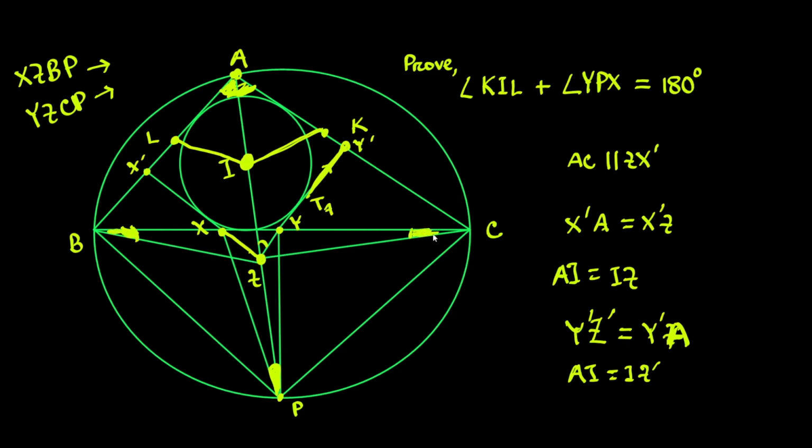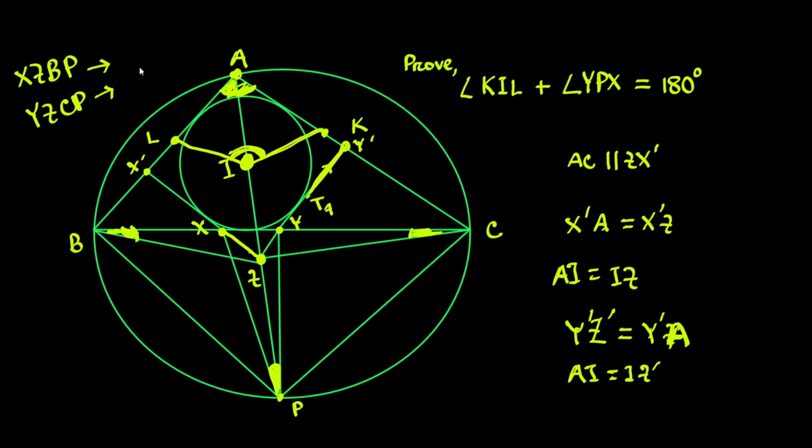This angle and this angle sum up to YPX. So we need this angle. How to get this angle? If we can show that that angle there and this angle here are the same by any means, then that will be very easy for us to prove.